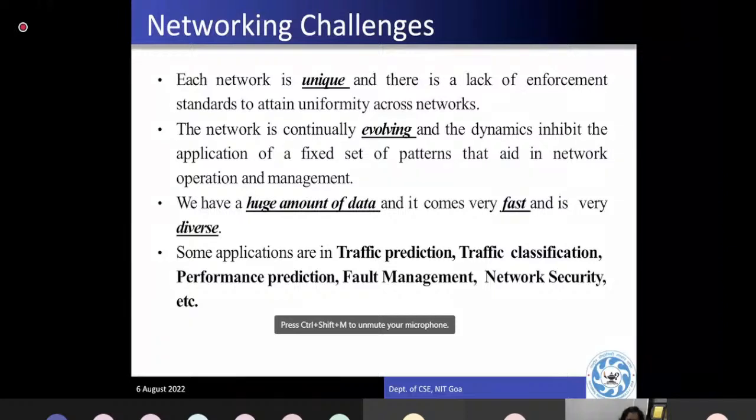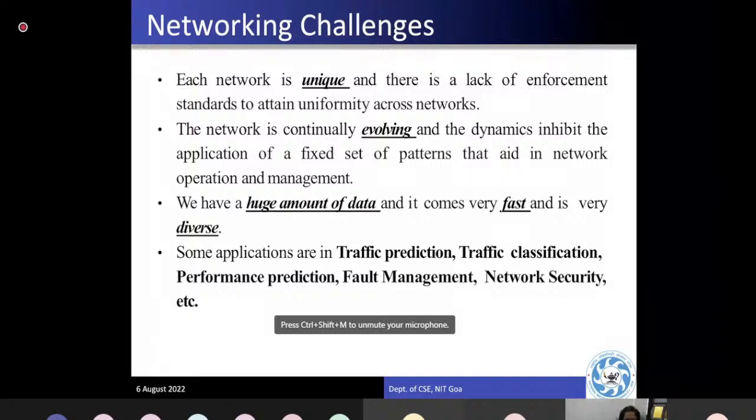So what are the network challenges? All this was the discussion about machine learning. Now come to the point of networking. What is the problem we are facing in networking, so that we can go for machine learning as a solution? The first problem, we believe, is that a network is not unique.